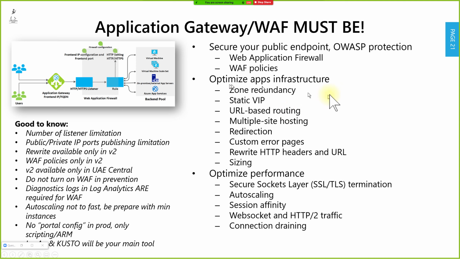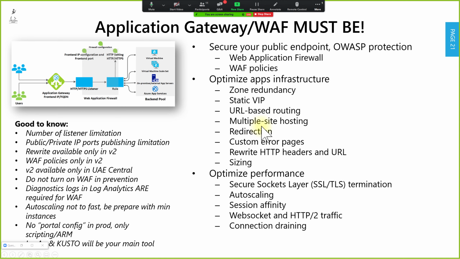Again, there are additional things like optimization of your application infrastructure. You can do URL-based routing based on different requests. You can forward a request to different application instances, different applications themselves, different application plans, etc. You can host multiple sites.